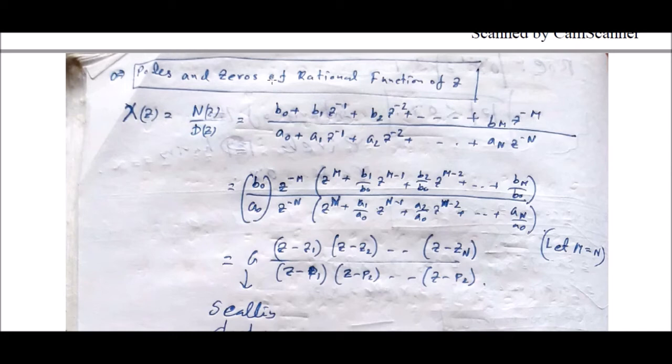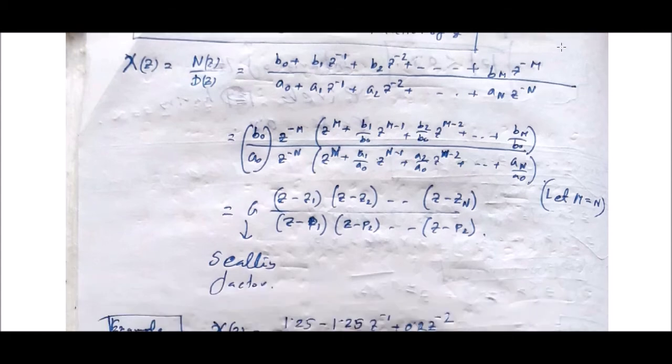That means m plus 1 terms are there, so an m degree polynomial is in the numerator. In the denominator another polynomial is there where the coefficients are a0, a1, a2, and so on, and it is simply an n degree polynomial, up to z to the power minus n. So n plus 1 terms are there.